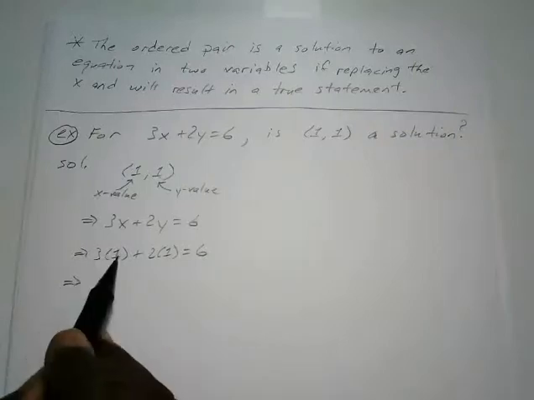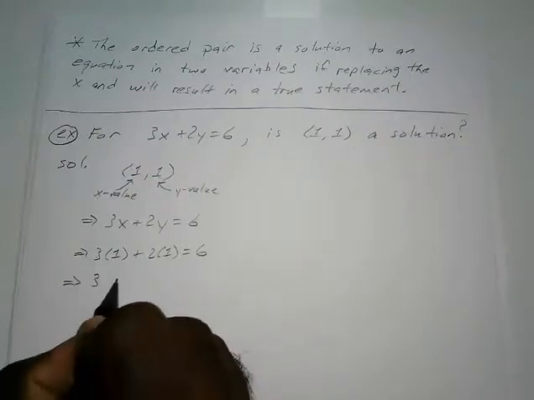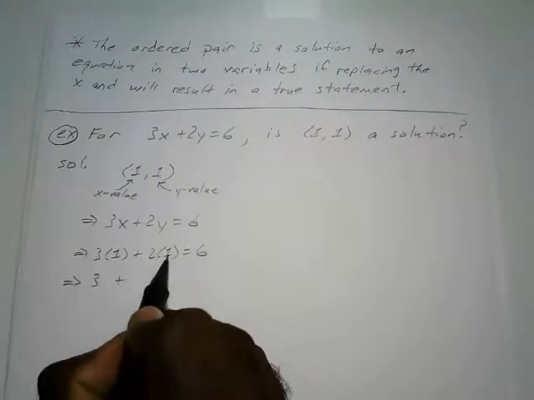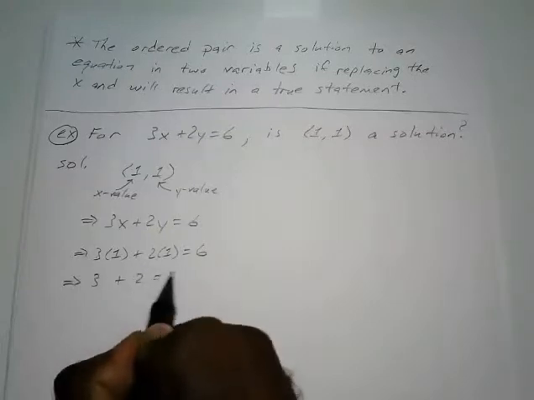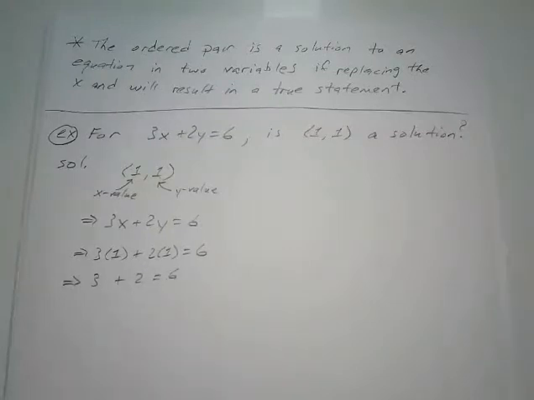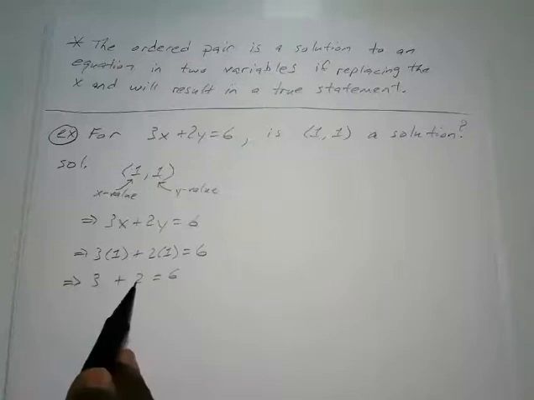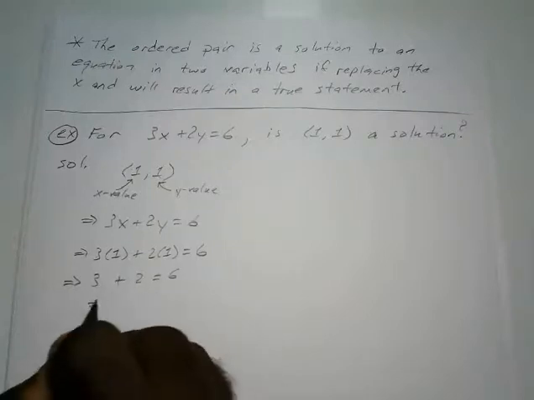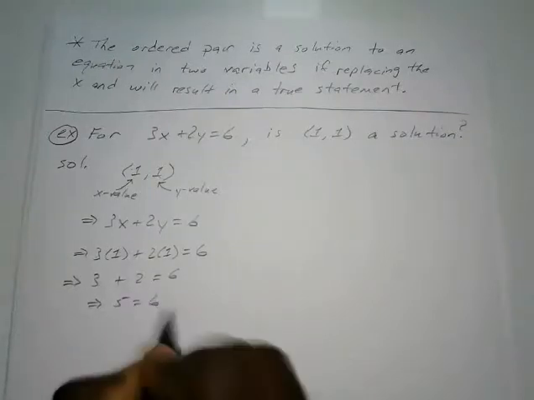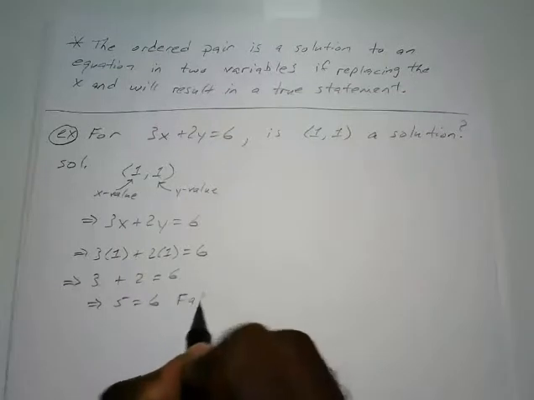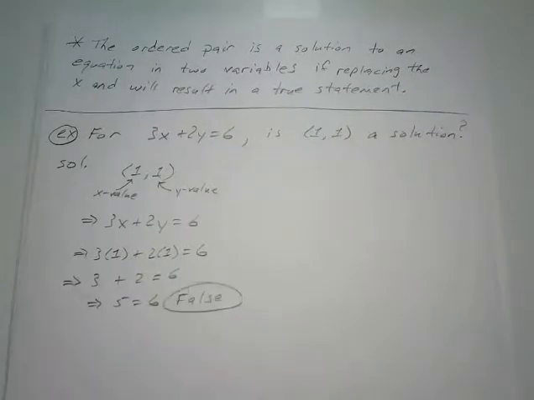Okay, so we know that 3 times 1 is 3, plus 2 times 1 is 2, equals 6. So basically that gives us 3 plus 2 is 5. So we have 5 equals 6, which is a false statement.